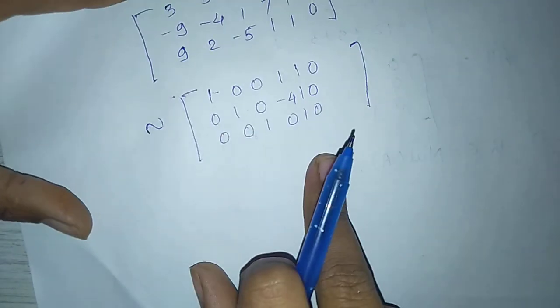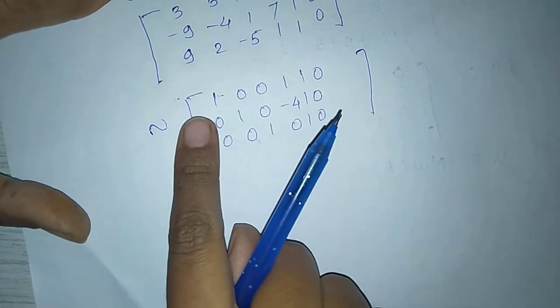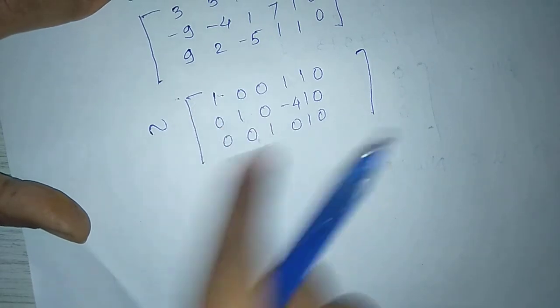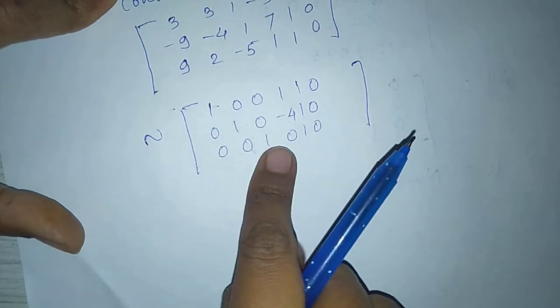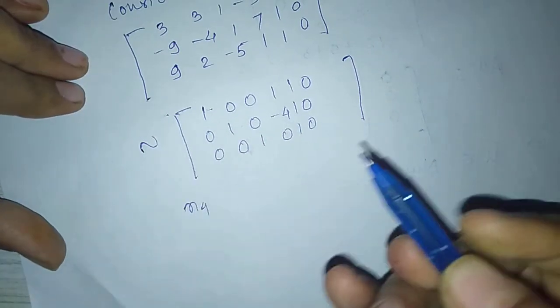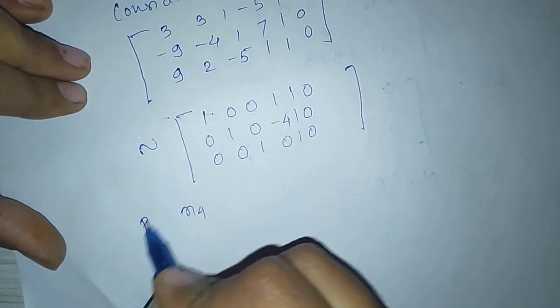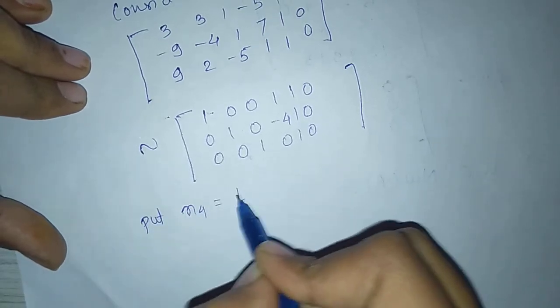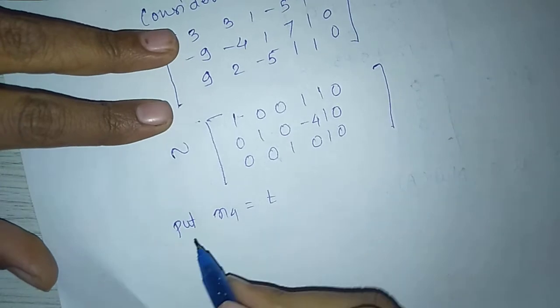Here you can see that pivot entries are here, here, here. In fourth column there is no pivot entry, so put x4 as free variable, which is equal to t.